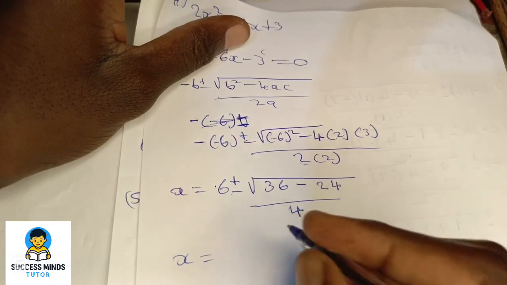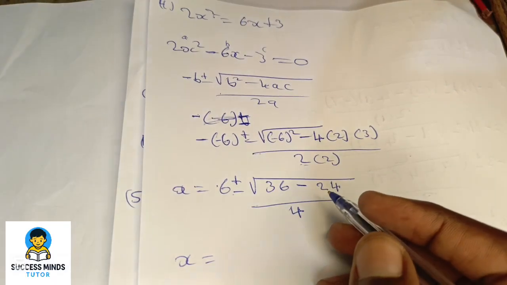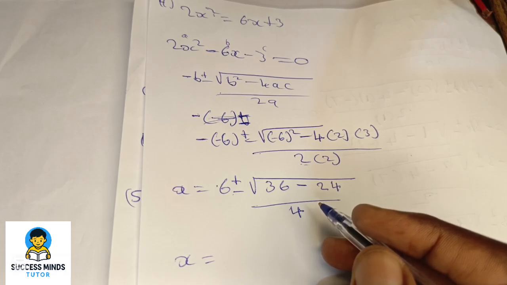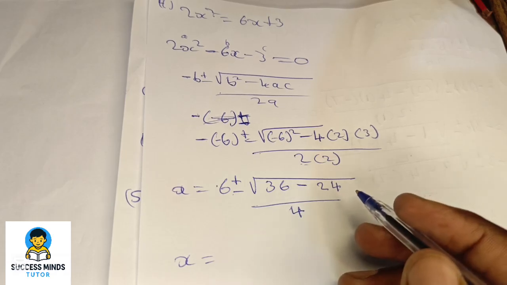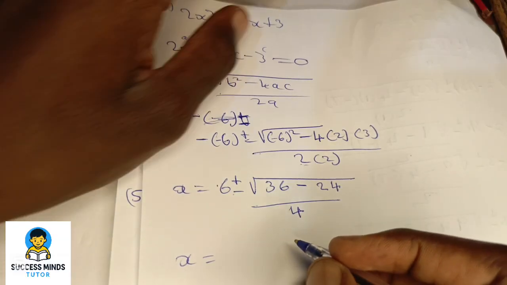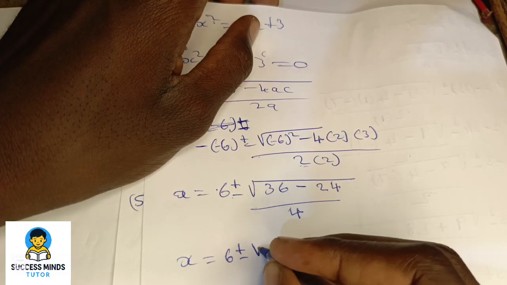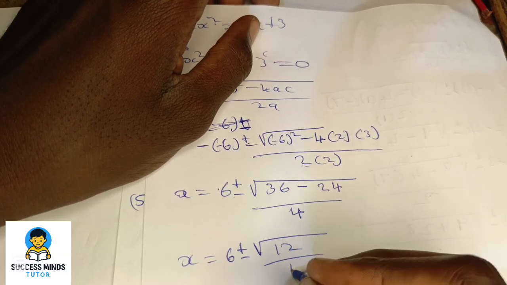So from here now, x is equals to, we can now subtract inside. So we are going to say 36 minus 24, which is going to give us 12. So we have 12 over 4.